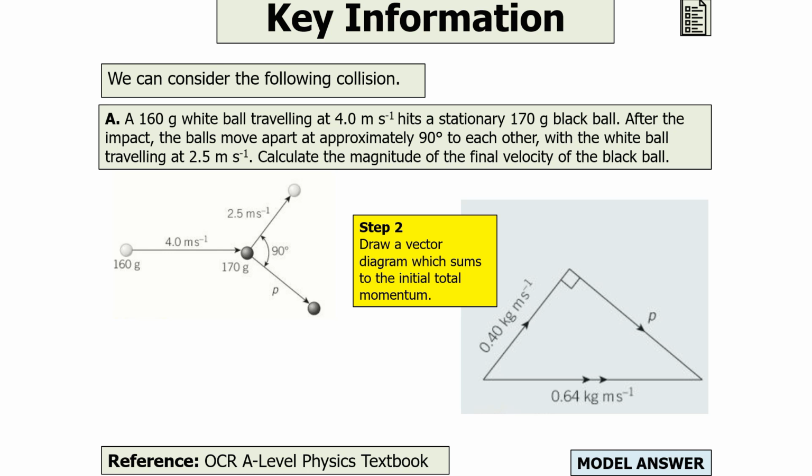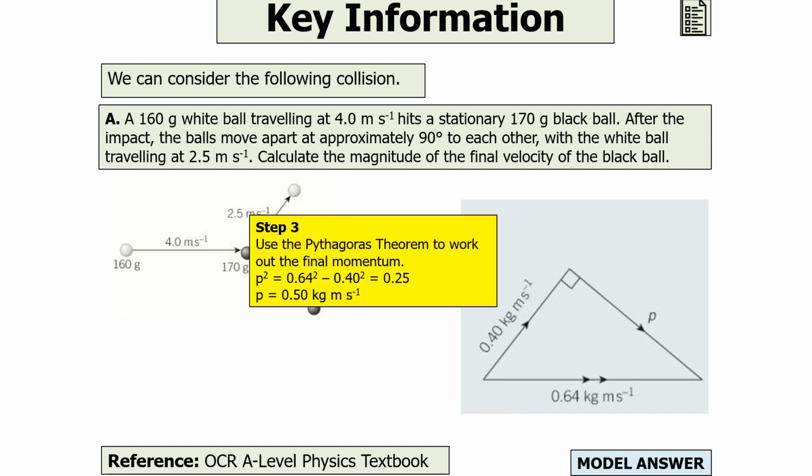We can then use this triangle and the Pythagorean theorem to work out the final momentum, where we can say, as it's a right angle triangle, that p squared is going to equal 0.64 squared minus 0.40 squared. Now remember, 0.64 is going to be the hypotenuse because it is the overall value. So therefore, it allows us to work out the final component, sorry.